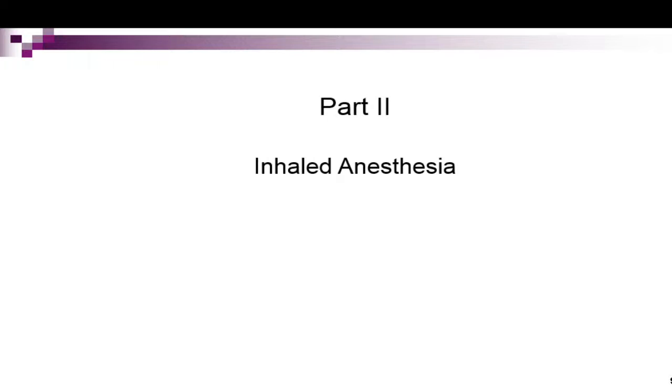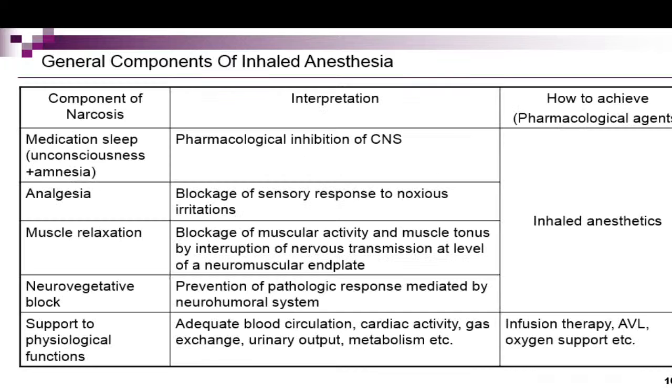Second part of the lecture, inhaled anesthesia. Inhaled anesthesia has components. First component is a medication sleep, means unconsciousness and amnesia. Second, analgesia. This is blockage of sensory responses to noxious irritations.